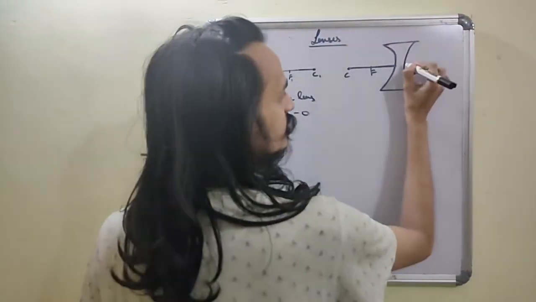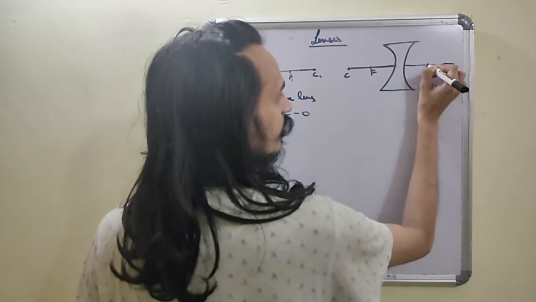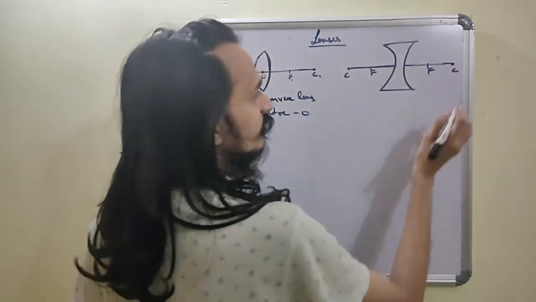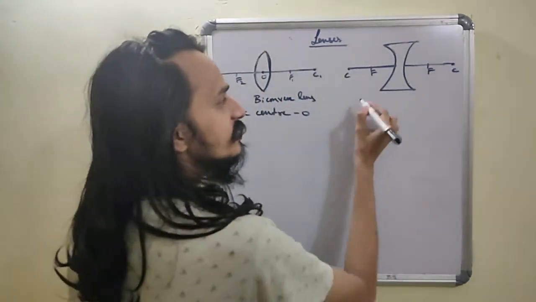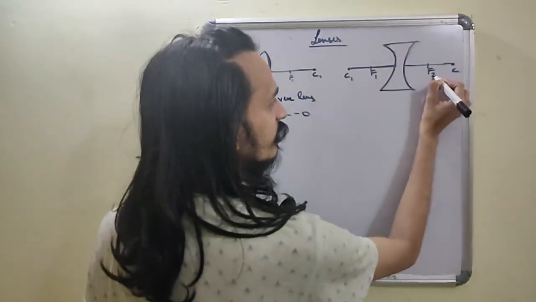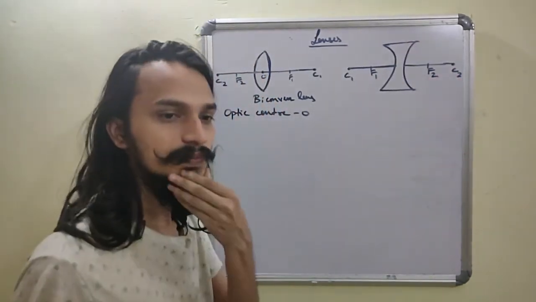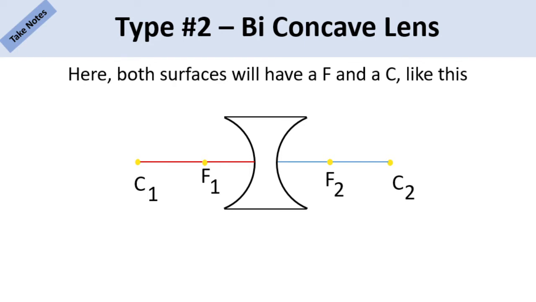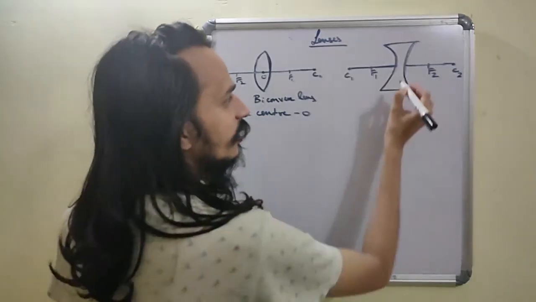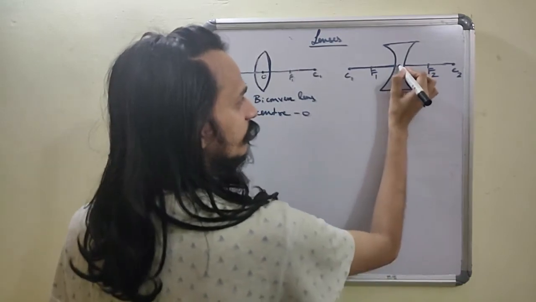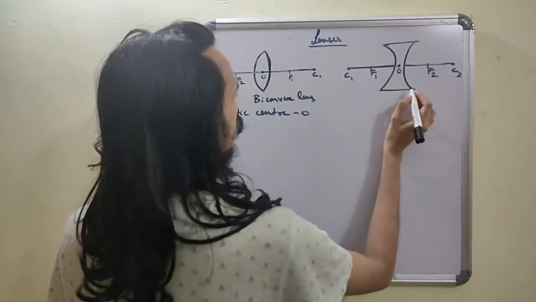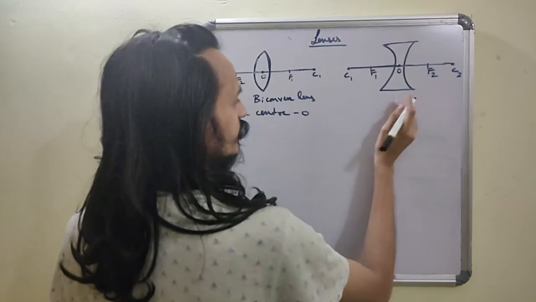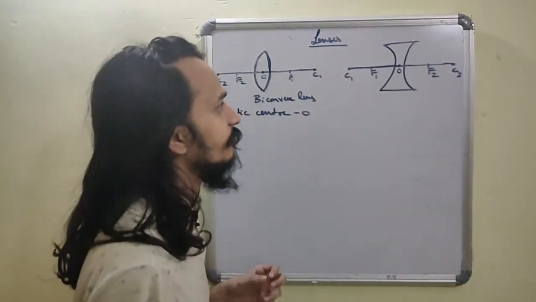So even for this one, I'll say there is a focus and a center of curvature. Again, since they're different, F1, C1, F2 and C2. And up here in the center, we'll have something called O. Right? Again, just the same thing. O is nothing but optic center.